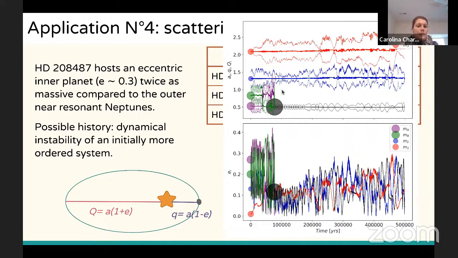And after some time, in around 10% of the simulations, we found that the two inner planets merged together, forming a planet with double the mass, similar to the observations, that is able to get an eccentricity comparable to the one that is observed, and reproduce the system.